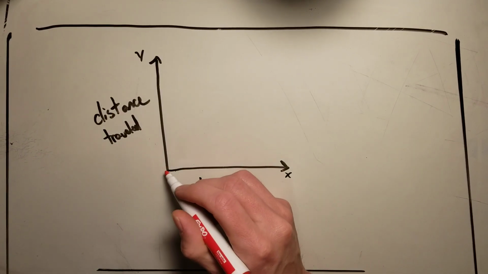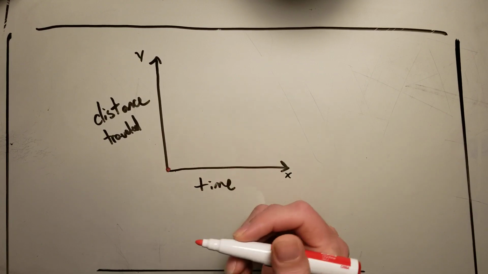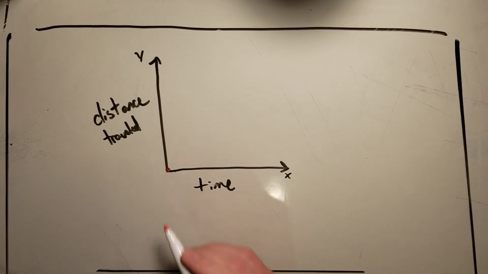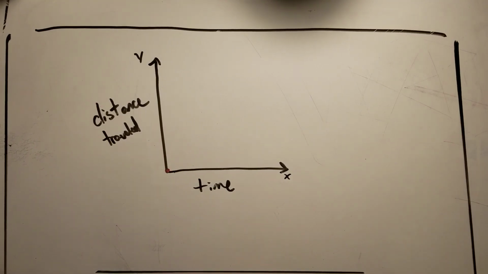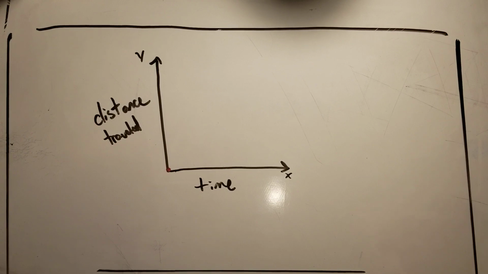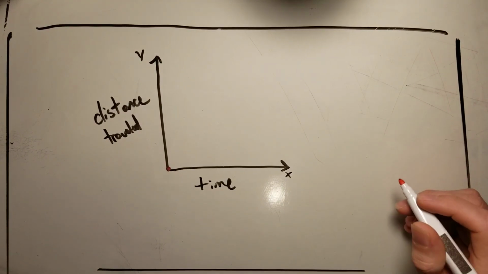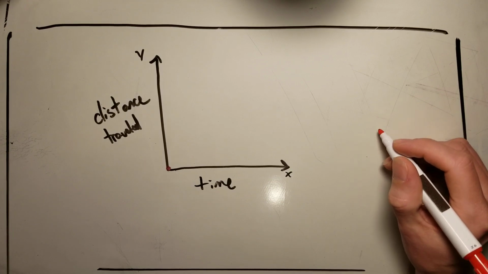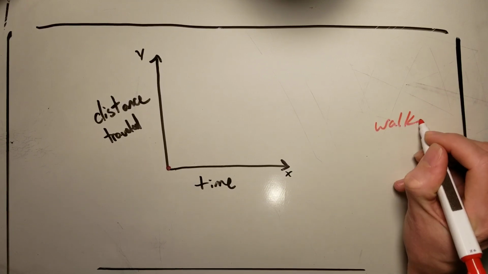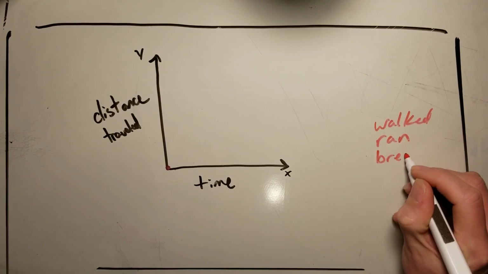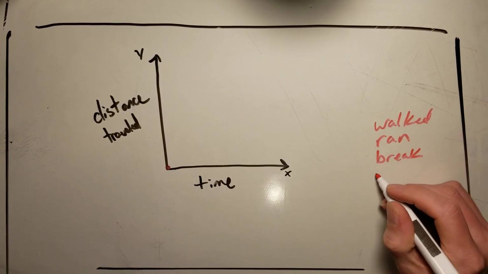So in the beginning, the runner has no distance traveled, they're starting out. So they're starting at time 0, distance traveled of 0. And it says the athlete is going to alternate between running and walking in the workout. In class, we made a map of what they did. We said, let's say they walked first, and then they ran, and then they took a break, and then they walked home.